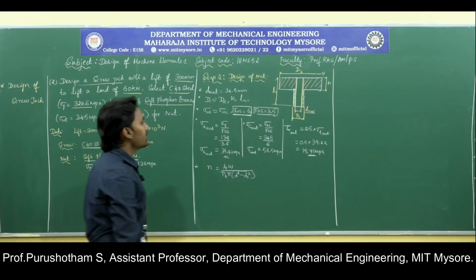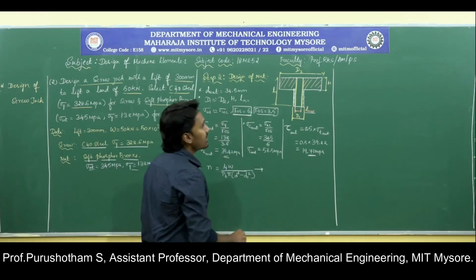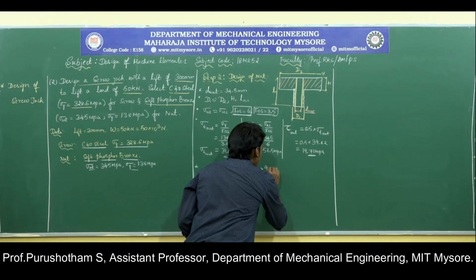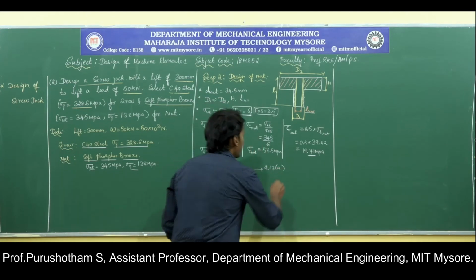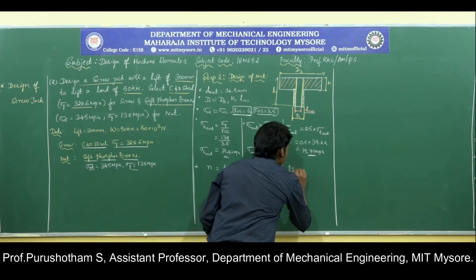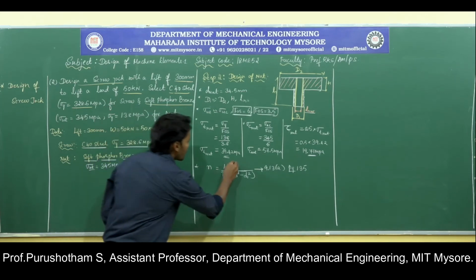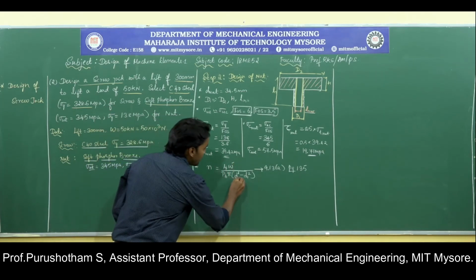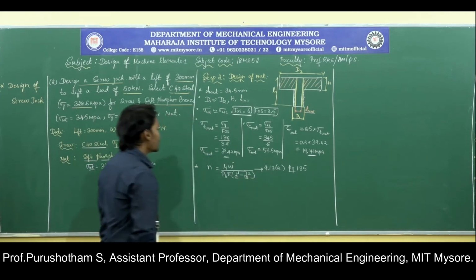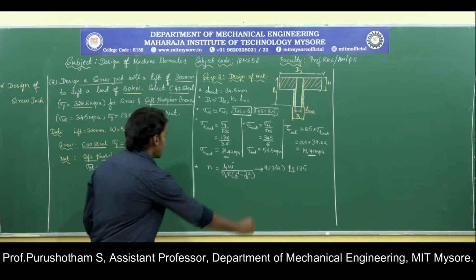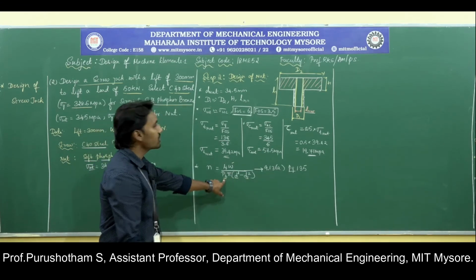This is available in the data handbook, equation 9.13a, page number 135. If you observe this equation, the W value is known, d means the major diameter of the screw thread, and d1 is the minor diameter of the screw thread, which is also known. The value of PB, that is the bearing pressure, is not given.